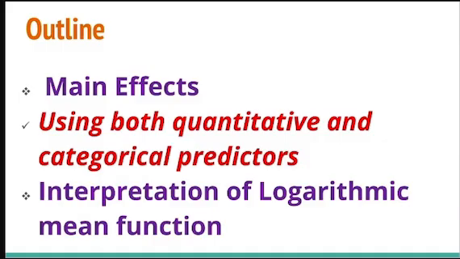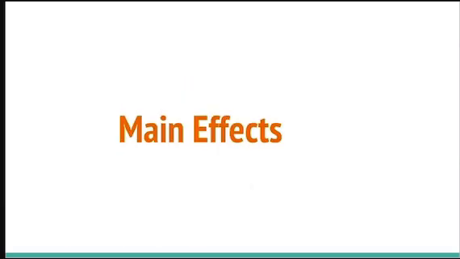I'm going to say this again. When I talk about main effects, I'm trying to figure out the direct effect of a particular predictor on the response, keeping other predictors constant. That is exactly what I mean by main effect.